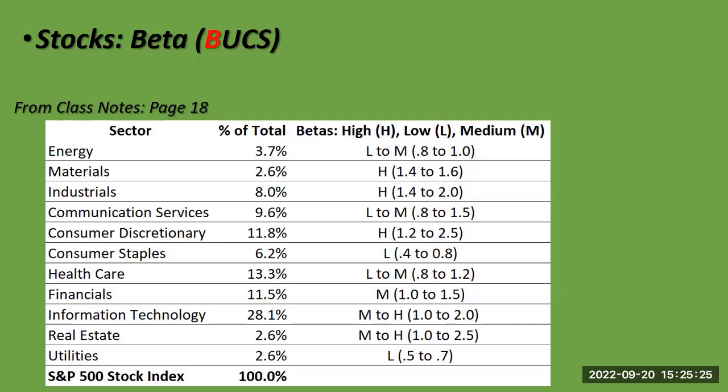But in 2008, the betas for financials like banks jumped up to 2.53, really, really high. They were in the middle of the storm. It just depends on the type. So betas aren't the same in every environment. Tech has traditionally been considered high beta, but there are some medium ones. Real estate has traditionally been high beta, but not always. It can depend on the type of real estate.